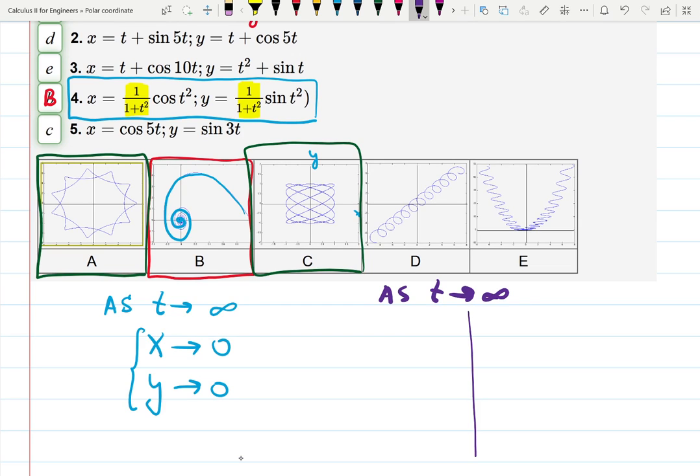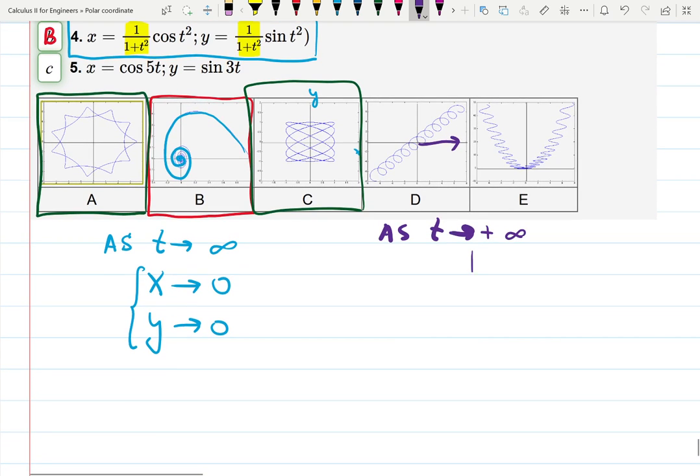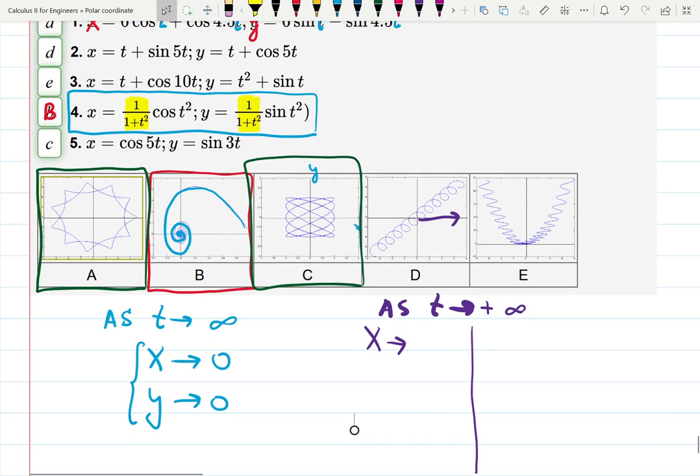For D, as t goes to infinity, x is the one that goes to the right, yeah? At plus infinity, let me make it very clear that we actually need to check both. So as t goes to plus infinity, x for D goes to the right forever, makes sense?